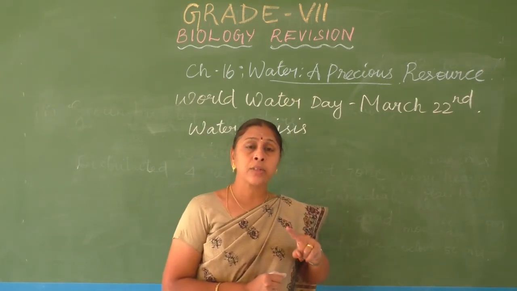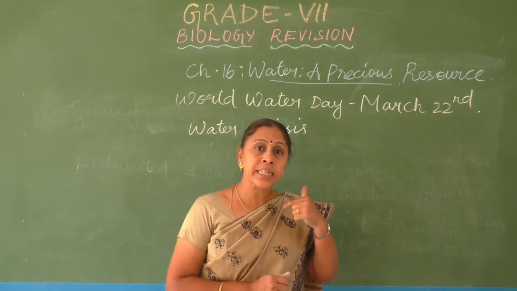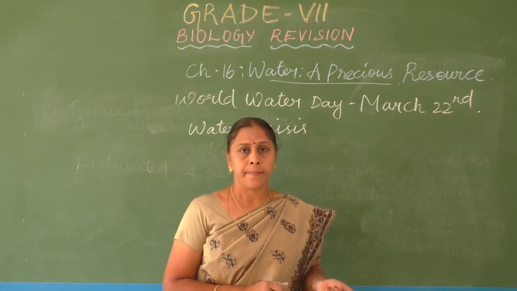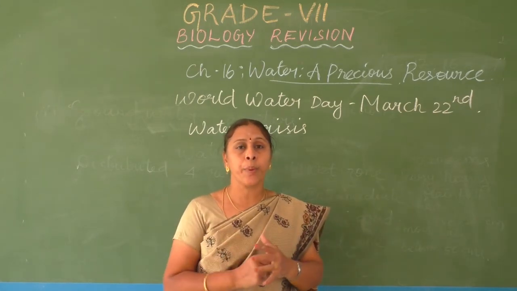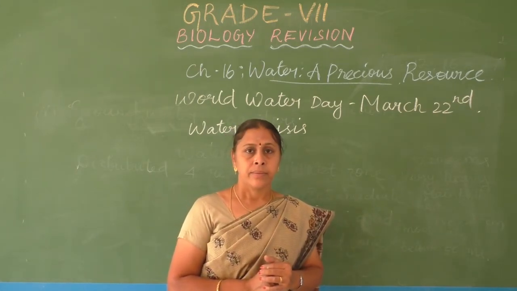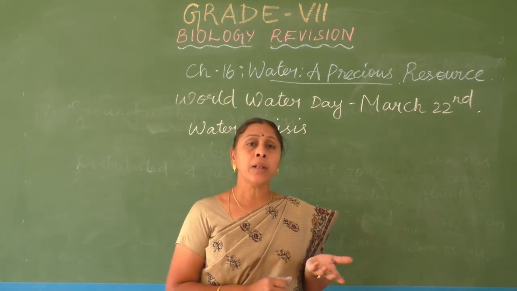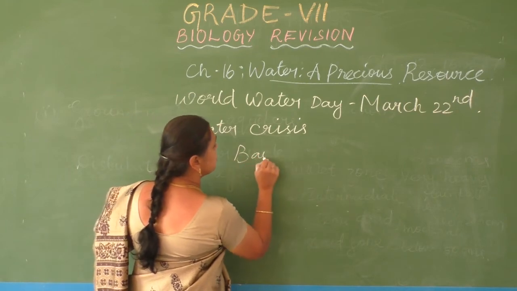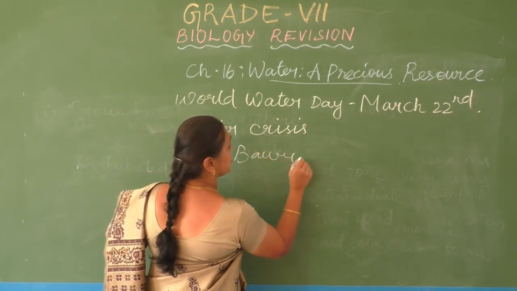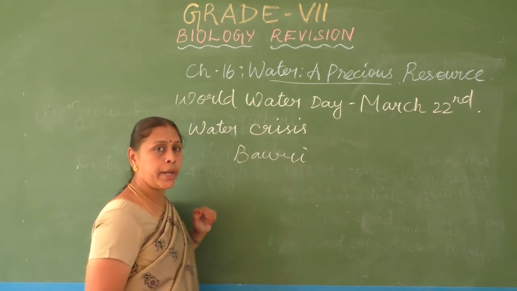If a water crisis should not be there, we should take steps to conserve the water. For that, several systems should be maintained. Traditionally, people constructed the Bowery system, B-A-W-R-A.